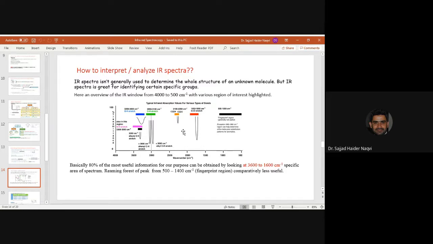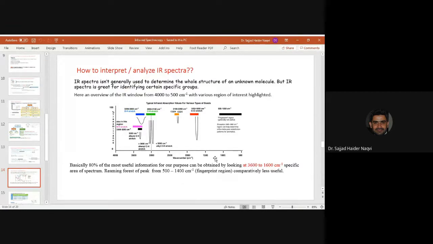So basically 80% of the most useful information for our purpose can be obtained by looking at specifically this region, right? A specific area of the spectrum. The remaining peaks, from 500 to 1400, are the fingerprint region, which is comparatively less useful.